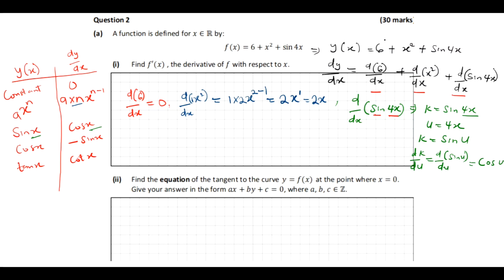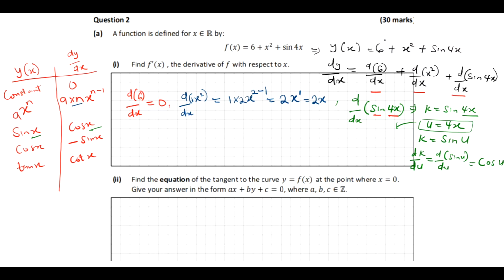But when it comes to the second function, U equal to 4x, that is another law. Now how do you do this one? So I'll do it somewhere here. Let me change the color.